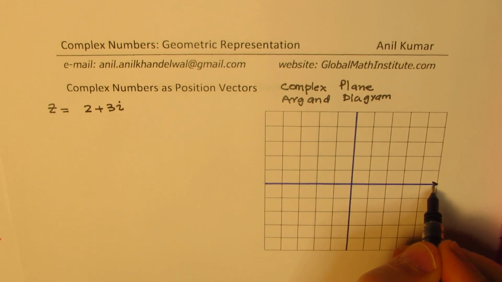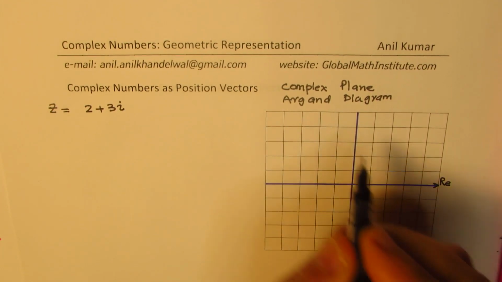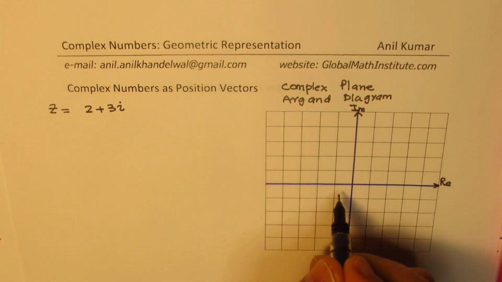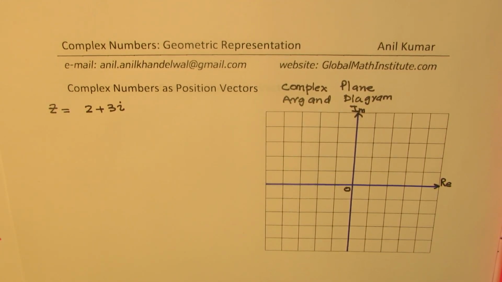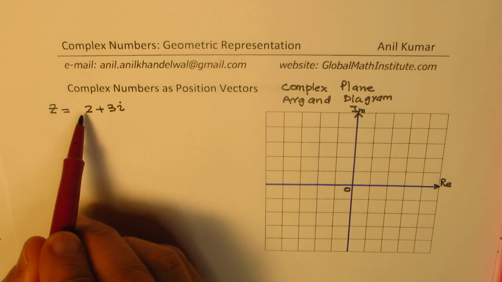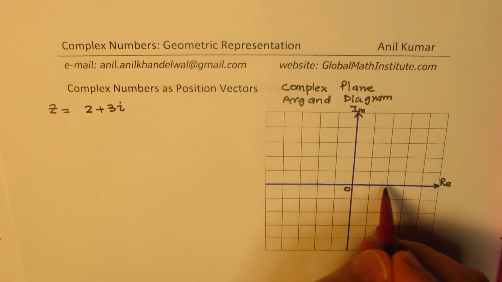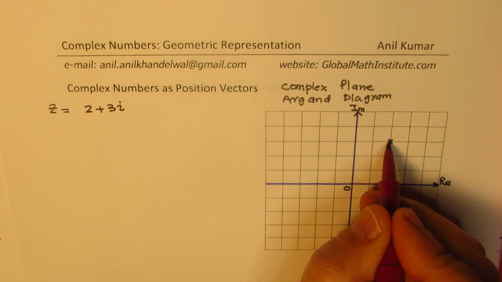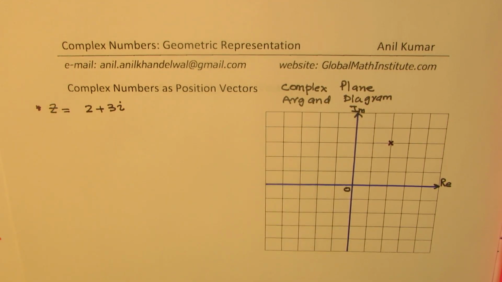Here the horizontal axis is the real axis and the vertical is the imaginary axis, origin being at their intersection. The complex number z, 2 plus 3i, will be represented with 2 along the real side and 3i, and so that point is basically the complex number 2 plus 3i.